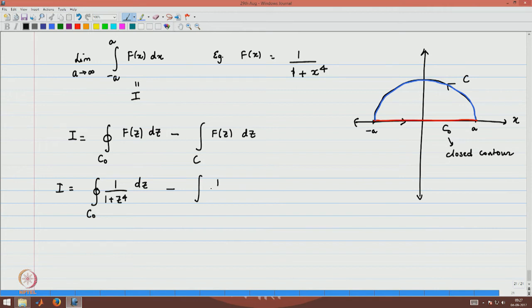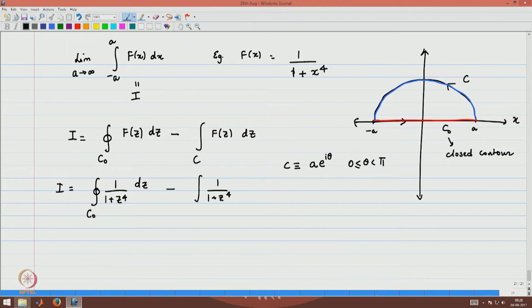So, you have 1 over 1 plus z 4. Now, if you look at C, this contour C corresponds to a e to the I theta, where theta goes from 0 to pi.